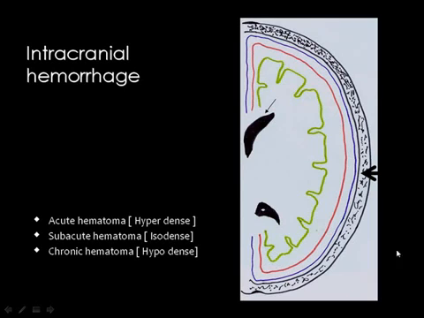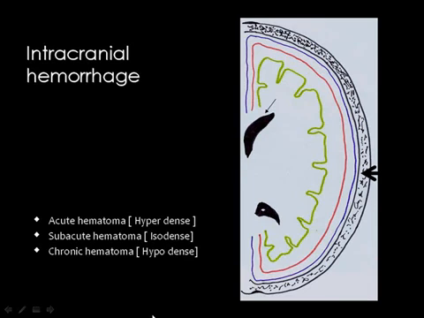Then, if hemorrhage is going to occur inside the cranium, what are the sites for intracranial hemorrhage? Let us see this drawing, which shows the skull table, and this blue line represents the dura, this red line represents the arachnoid, and this green line represents the pia mater, which is adherent to the surface of the brain.